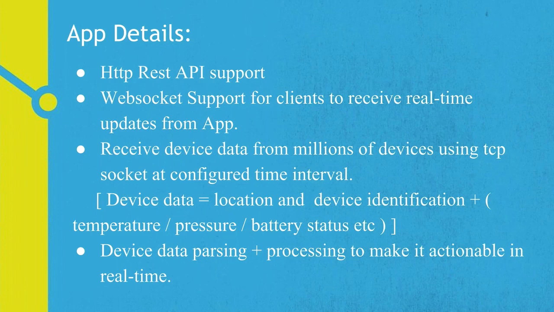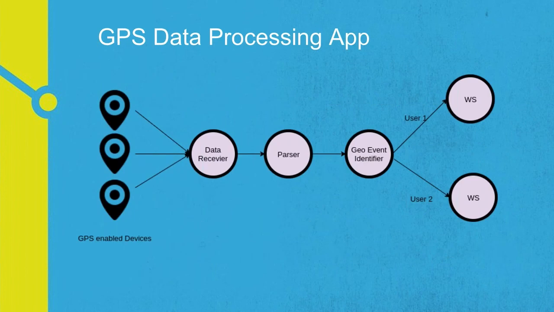So basically the app looks like this: you are getting data from the TCP, and then we parse and process that data to make it actionable in real time and store that data with the WebSocket output operator. One crucial thing that was needed is how we should store the state for each user.